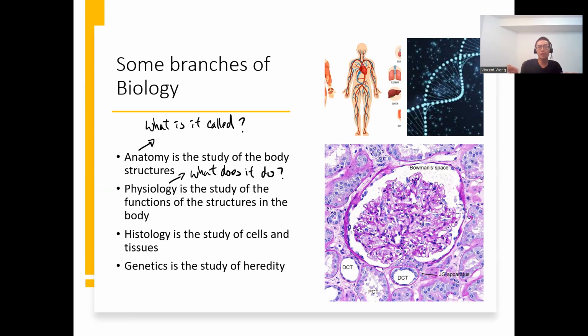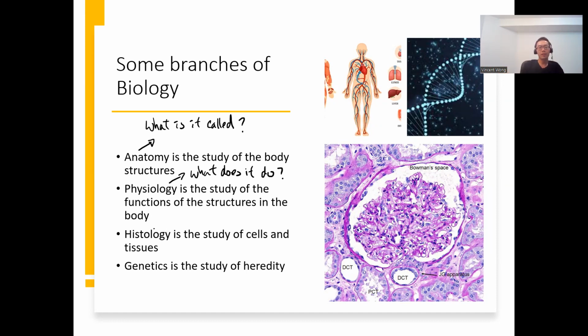What happens if it's not working? Next semester, you will be taking a second course called Anatomy and Physiology. I also teach that course, so you might run into me again, and that's where you will be learning about organs, what they do, what their name is, and so on and so forth.